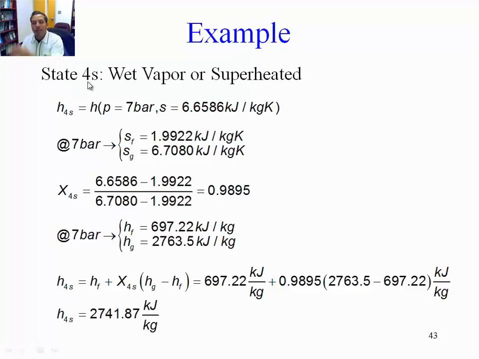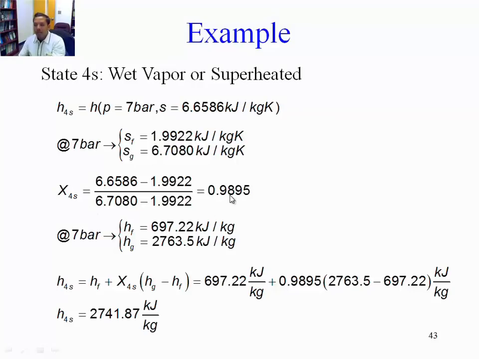State 4 is the extraction. It's the first extraction of water, the fraction of water coming out of the first exit of the turbine, which happens at 7 bar with the same entropy as in state 3, the inlet. We see this entropy compared to the entropy of saturated liquid and saturated vapor at 7 bar is somewhere in between, so that means that 4S is inside the saturation dome, slightly, almost 99% vapor, 1% liquid.